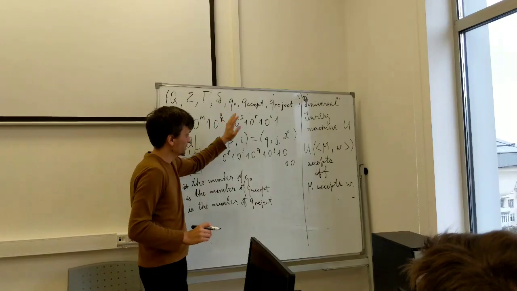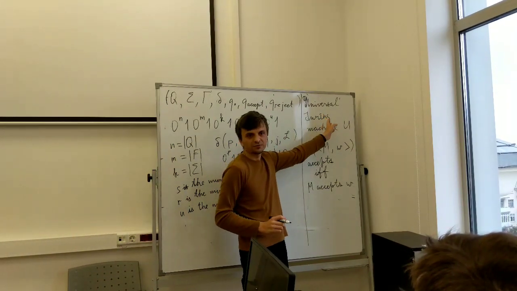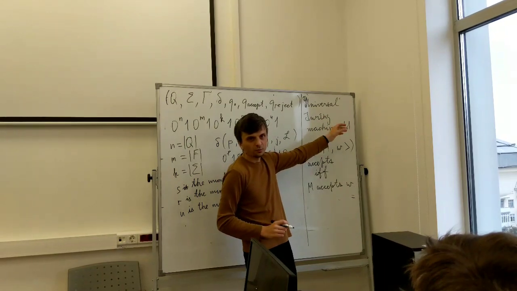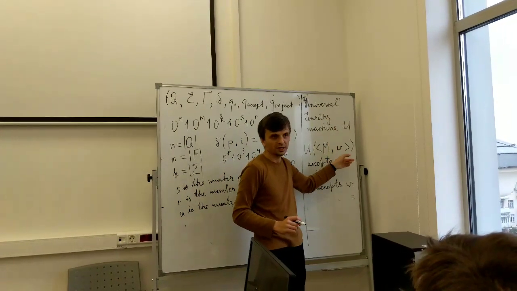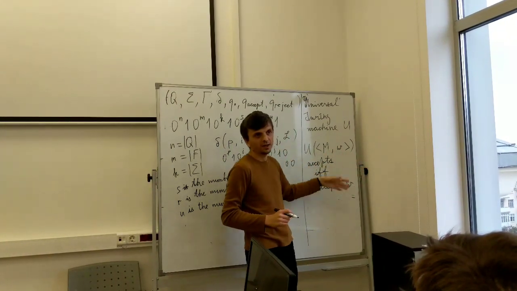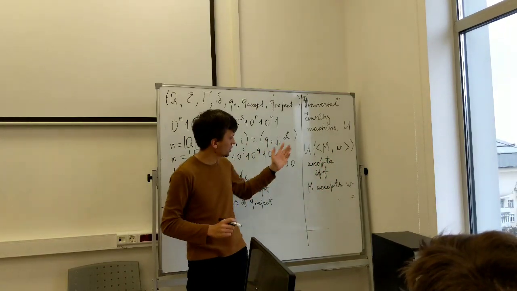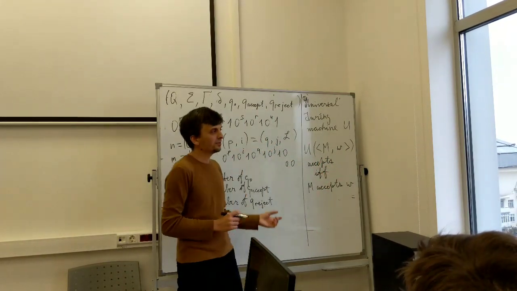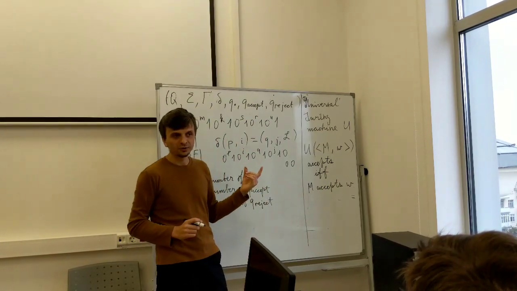If you don't require this to be a Turing machine, but allow it to be, for example, a Python program, then what it says is that you have a program that takes a description of the Turing machine and an input word and just runs this machine on this word, and says yes if and only if the machine accepts this word. But the good thing about Turing machines is that you can do it with a Turing machine.